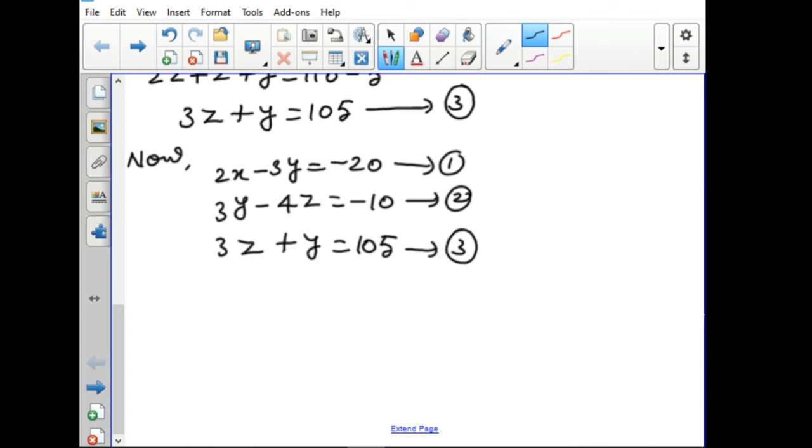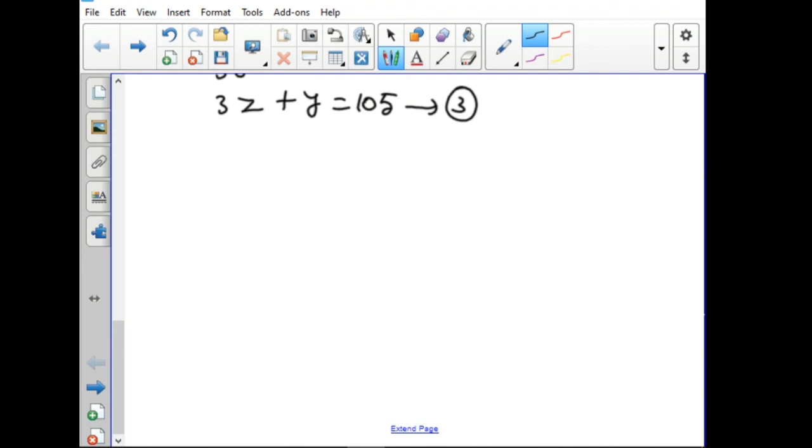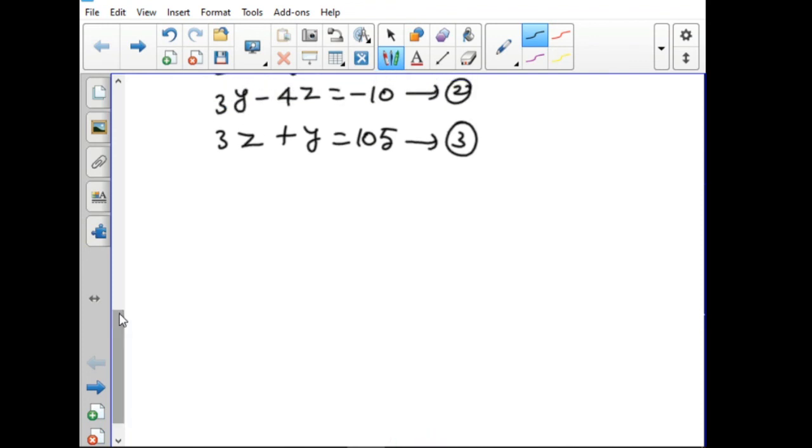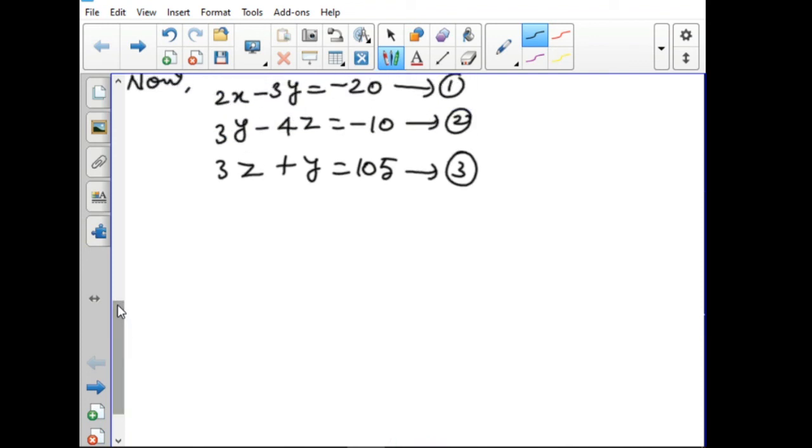Now we are going to solve this. The first equation has only x and y terms, the second has y and z terms, and the third has z and y terms. So we have to select any two equations. Now I am going to consider equations 1 and 2.